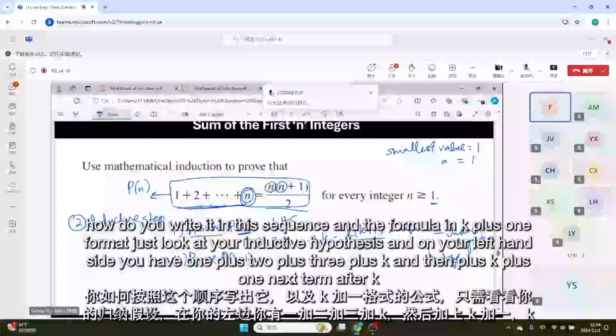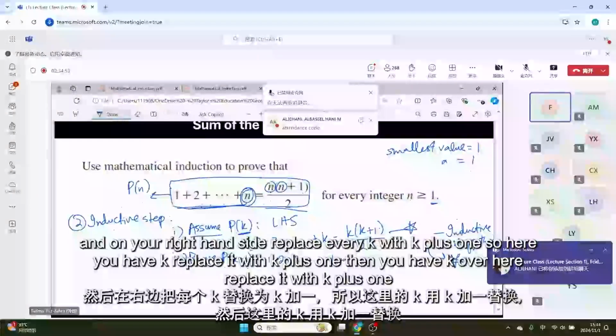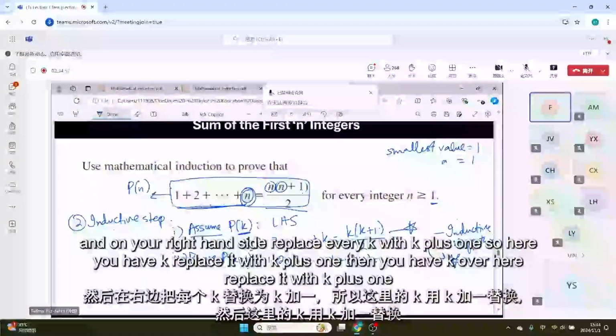Just look at your inductive hypothesis. On your left hand side you have 1 plus 2 plus 3 plus up to K, and then plus K plus 1, the next term after K. And on your right hand side, replace every K with K plus 1. So here you have K, replace it with K plus 1. Then you have K over here, replace it with K plus 1.